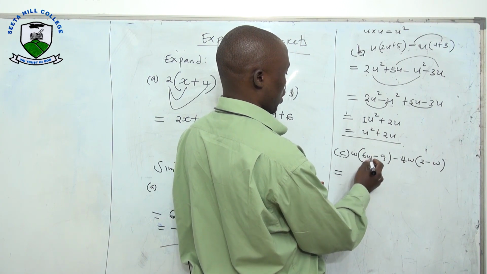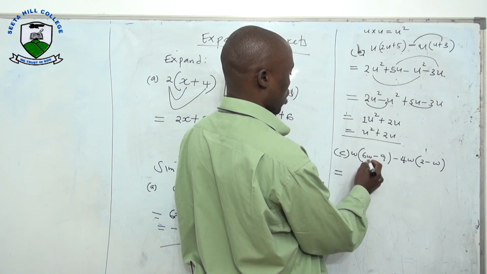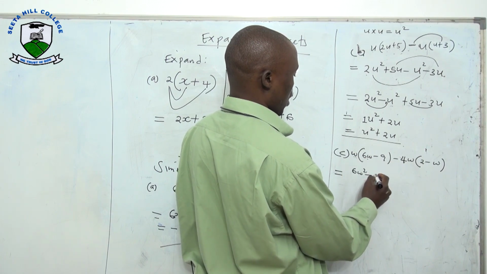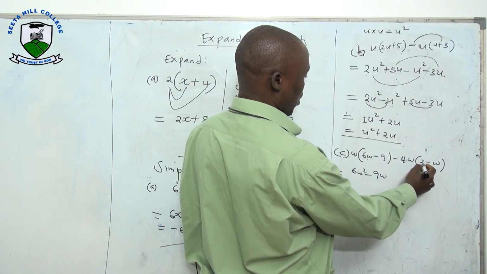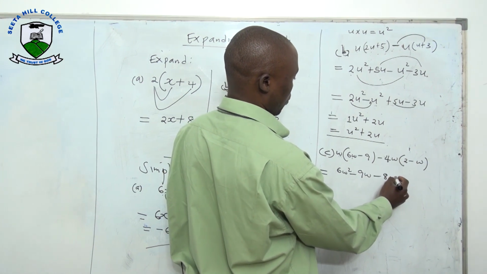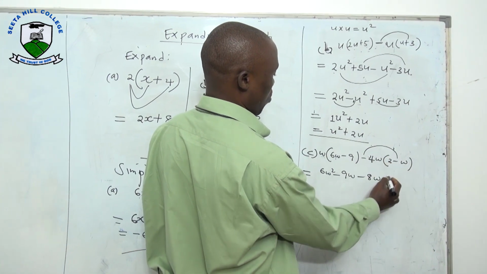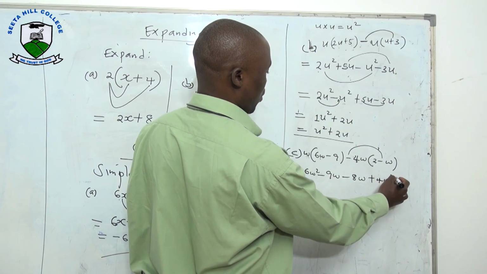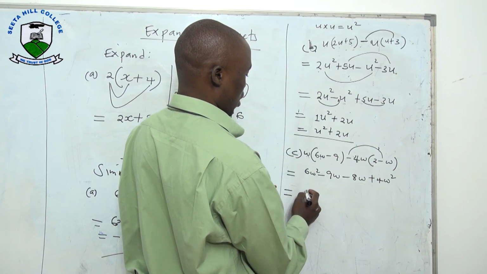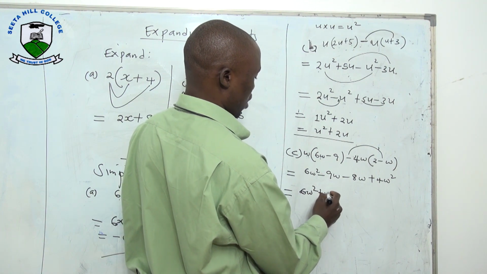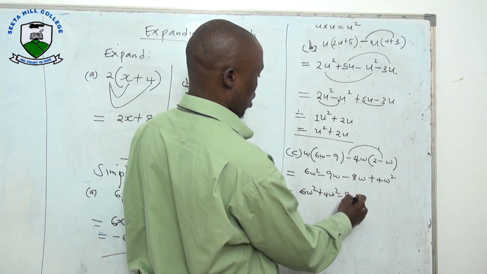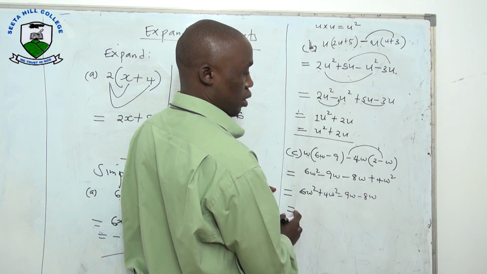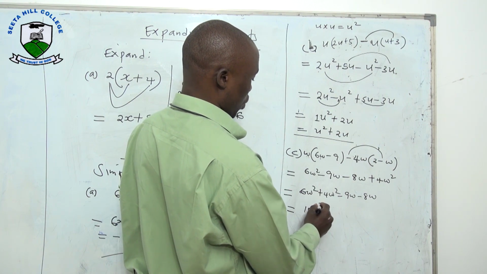That 6W, that will be 6W squared, then this minus 9W, minus 8W, then plus 4W squared. 6W squared plus 4W squared minus 9W minus 8W, giving us 10W squared.